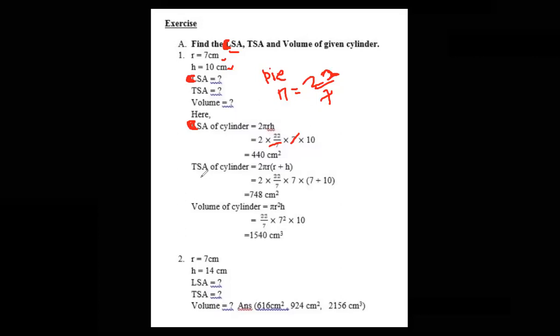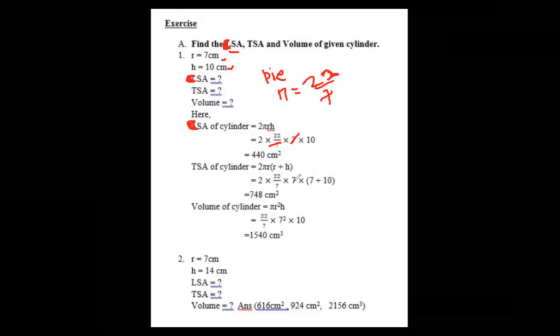Now let us talk about the TSA of the cylinder, that is, the total surface area. What is the formula of TSA of a cylinder? 2 pi r plus h. So 2 pi means 22 by 7, radius is 7. We are just putting the values, nothing more than that.